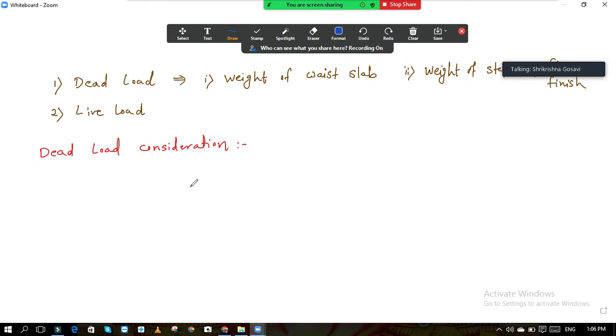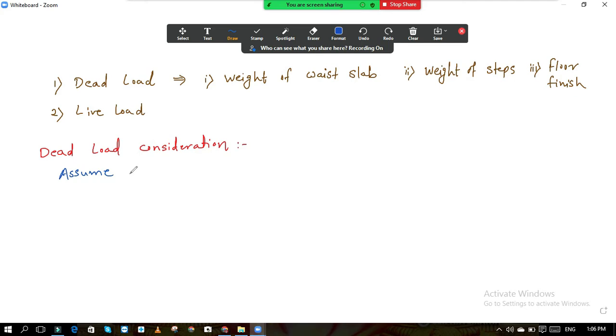Initially we assume that the staircase has a width of 1 meter. Whatever load we calculate is calculated by considering the 1 meter width of the stair, and it is for per meter length. So I will write the important point here. This is our assumption; in actual it is not like that.